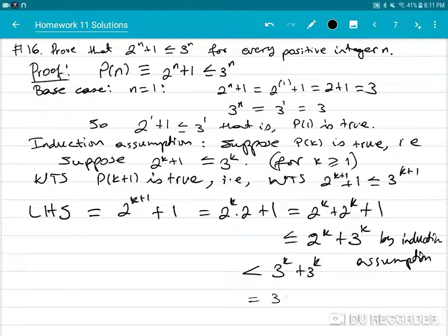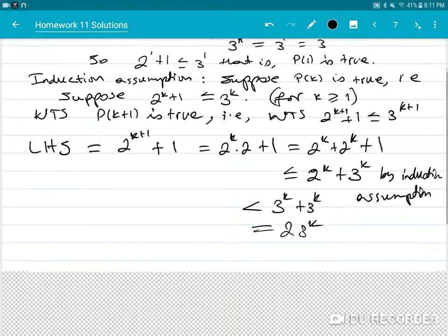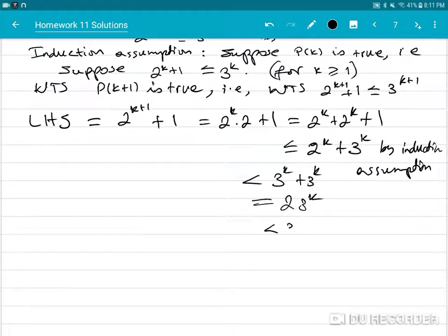This is 2 times 3 to the power of k. Well, 2 times 3 to the power of k is less than 3 times 3 to the power of k, which is 3 to the power of k plus 1, because that's 3 to the power of 1 times 3 to the power of k. And this is the right-hand side.